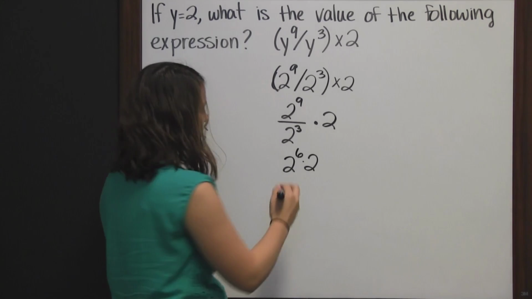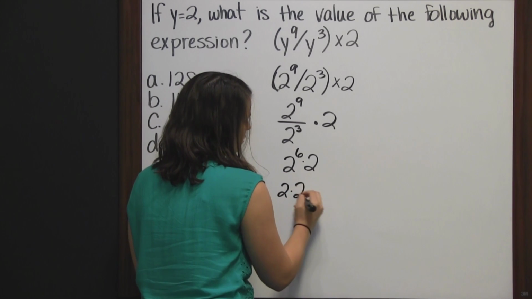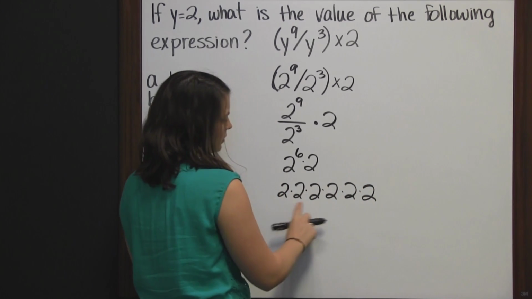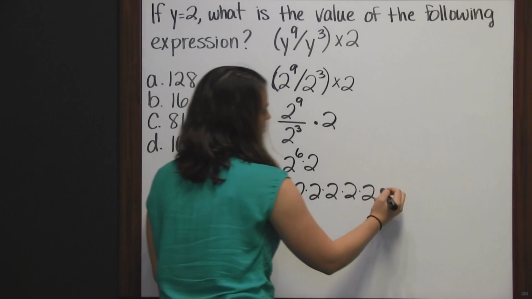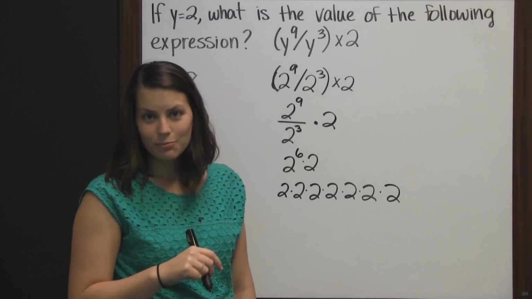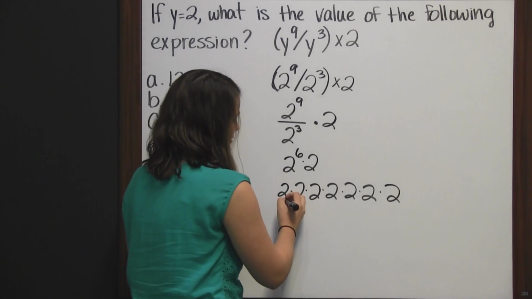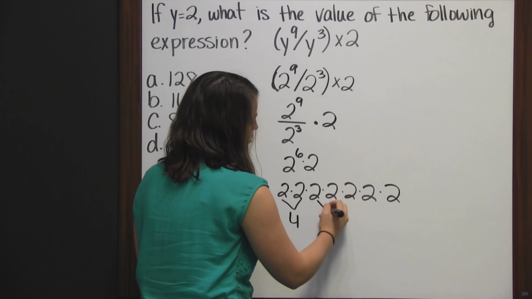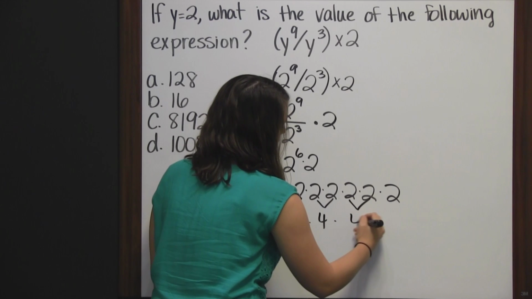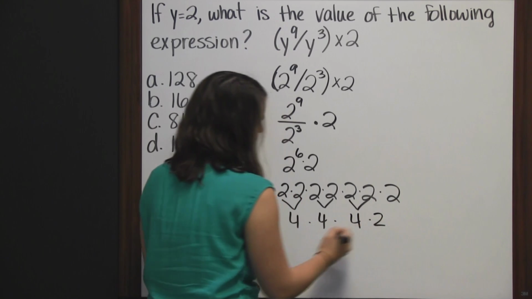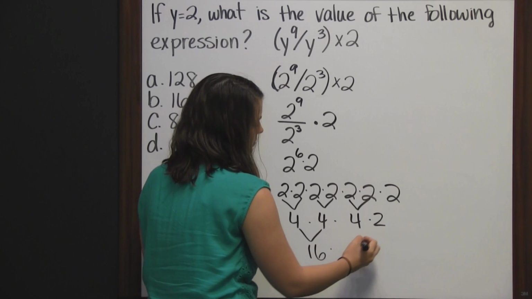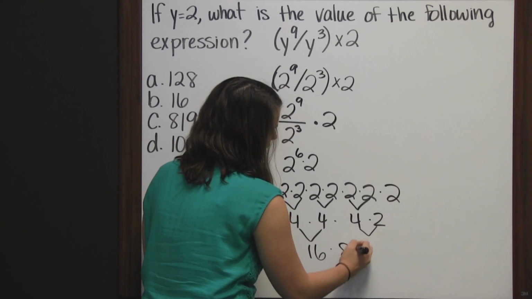2 to the 6th is 2 times 2 times 2 times 2 times 2 times 2. So 2 times itself 6 times, and then times 2. So all we have to do is multiply all these 2's. 2 times 2 is 4, 2 times 2 is 4, 2 times 2 is 4, and then times 2. 4 times 4 is 16, and 4 times 2 is 8.